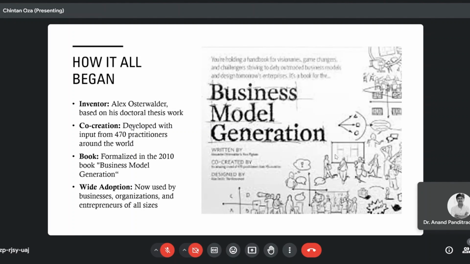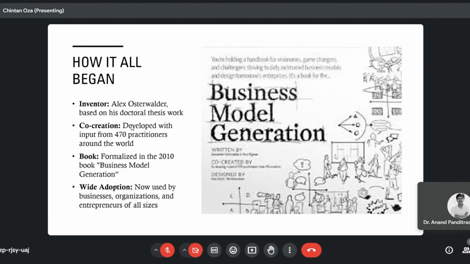So, how did it all begin? It began when Alex Osterwalder was pursuing his PhD. He co-created and developed this business model canvas with input from 470 practitioners around the world.